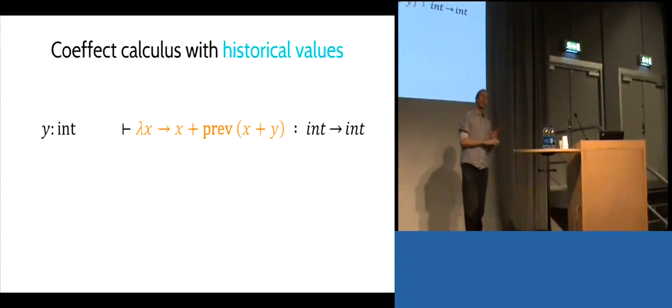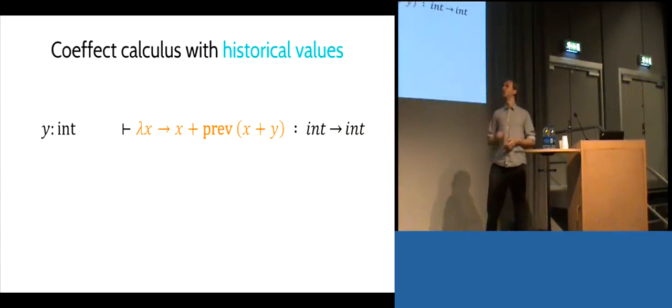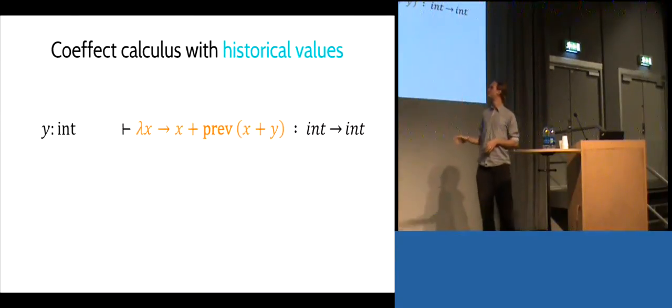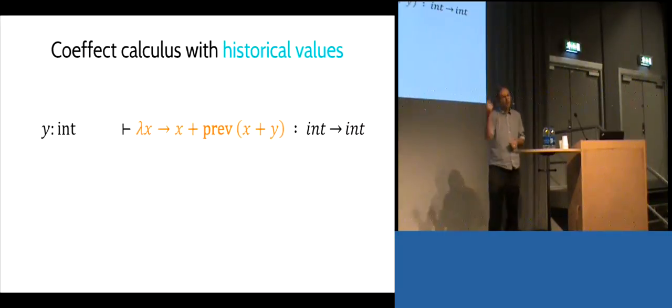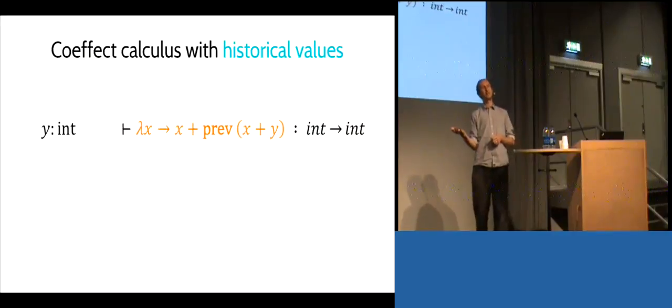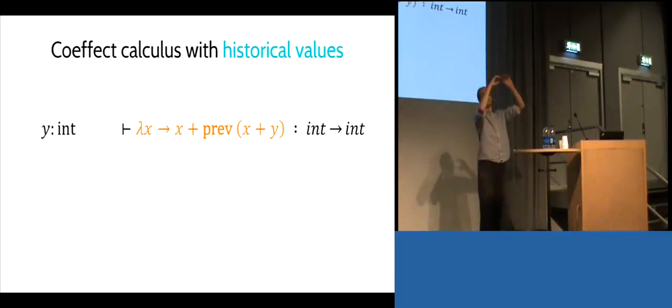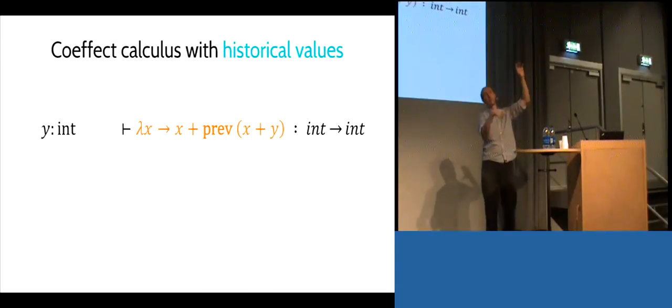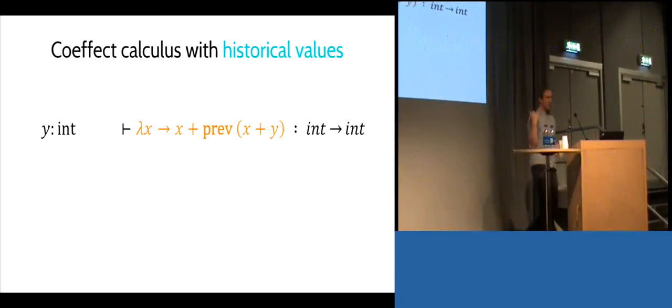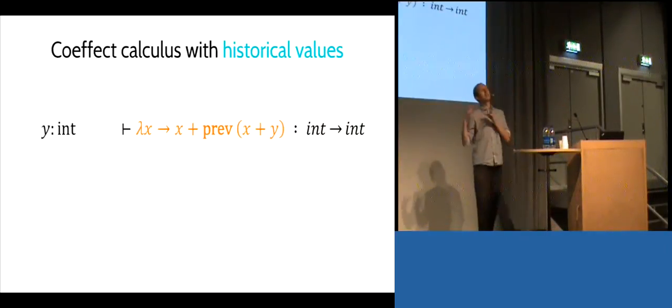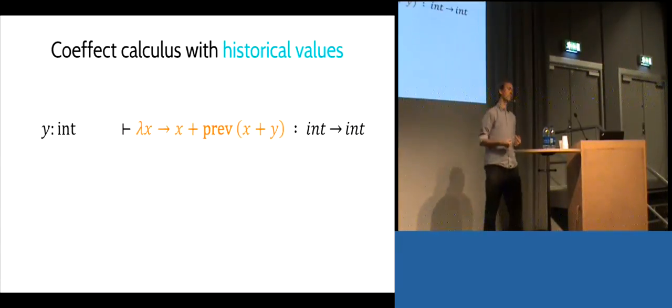You might know it from some data flow languages, but it really just means the function gets the current value of x and the previous value of x plus y. Or if you know some functional reactive programming, this is kind of give me the current value and some value that happened one step before. And here, what we can track is not how many times you are using the variable, but how far in the history do you need to go.